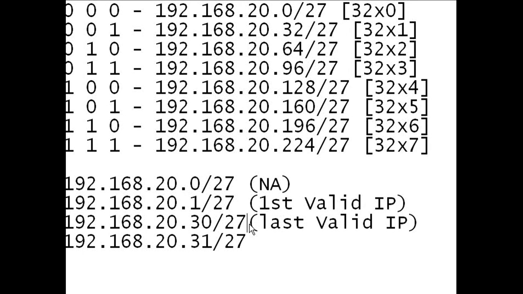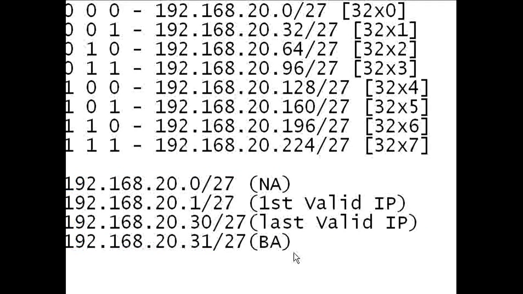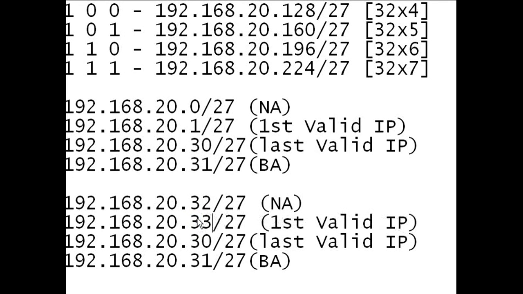So let's create the second one. The second subnetwork will start from 32. It will be 33. The next network is actually 64, so this will continue till 63 for the broadcast. This is the specification of the network. This is my network address.